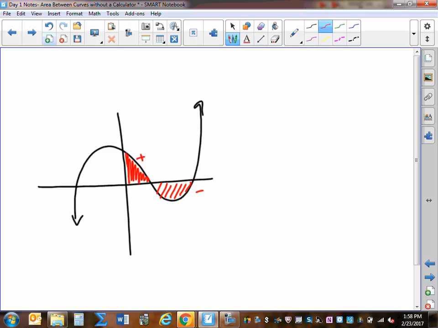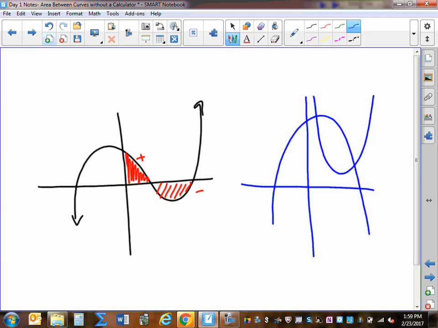Now, when we're looking at two different functions, the fact that it's above or below the x-axis does not give us issues with positive or negative. Basically, if it's in between your two curves, it's positive. If it's area outside of your two curves, it's negative.